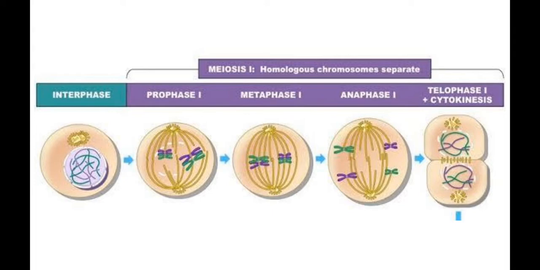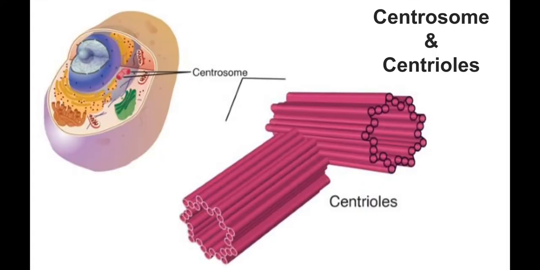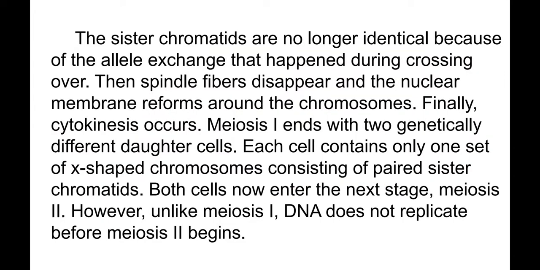So we have two daughter cells, which are not identical because the genetic information is different, and we have a centrosome in every cell. Okay.